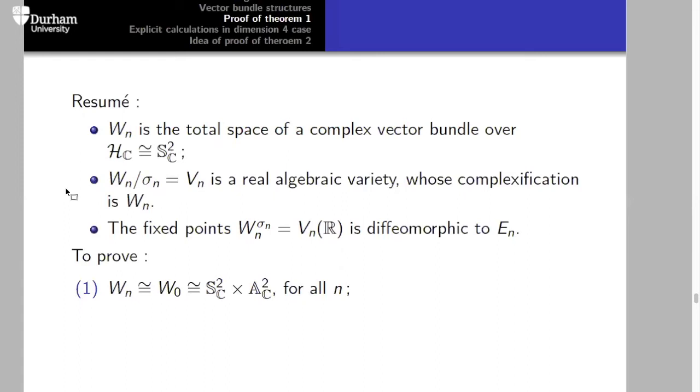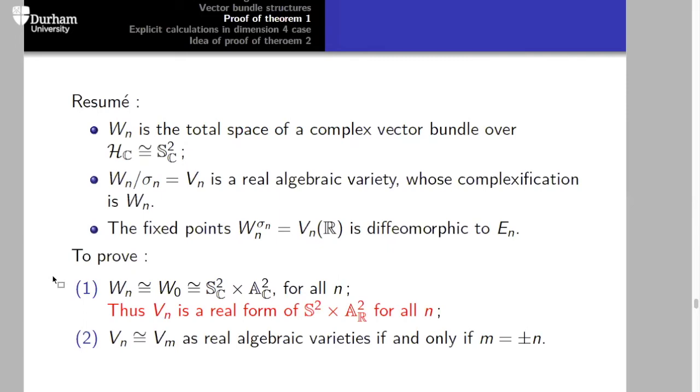So I have to prove two things. First, I have to prove that all the Wn's are isomorphic to W0, which is the complexification of the original space S2R cross A2. And this would mean that Vn is a real form of S2 cross A2R for all n.